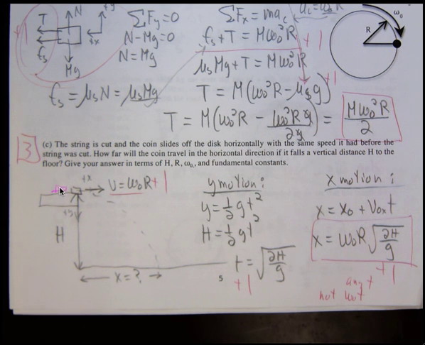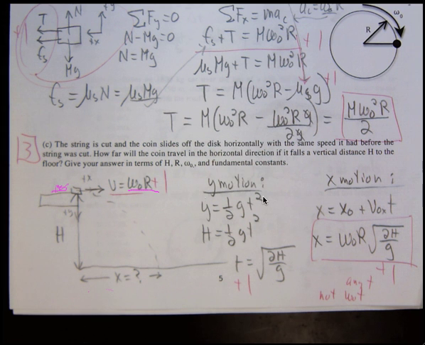And so it's coming, you know, out of the screen. But we're looking from the side here, and so it's going at whatever speed it was going as it left, and that's omega 0 times r, and I want to know how far in the x direction it goes.